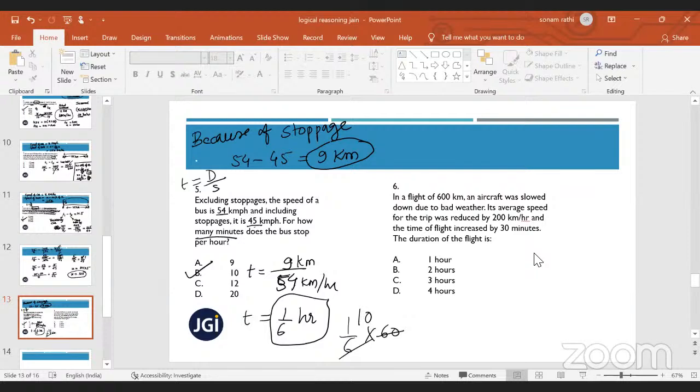Answer is 10 minutes. Because that is not the speed. That is the speed because of the stoppage. Actual speed is 54 kilometers per hour, not 45 kilometers per hour.